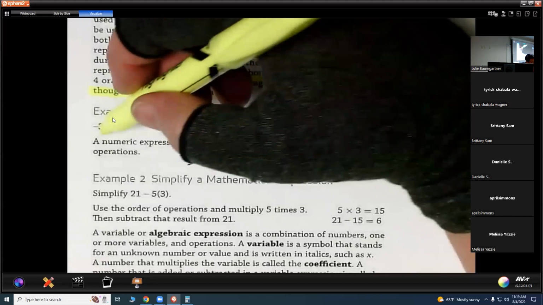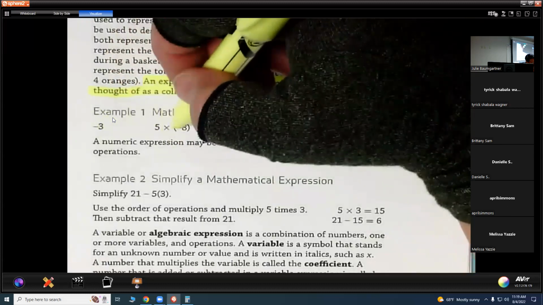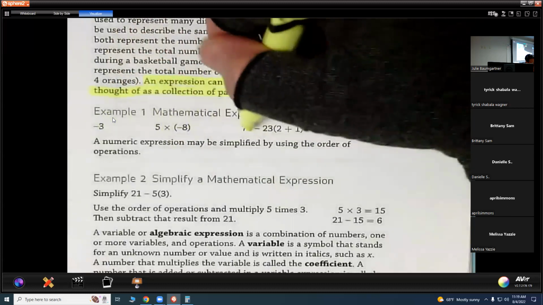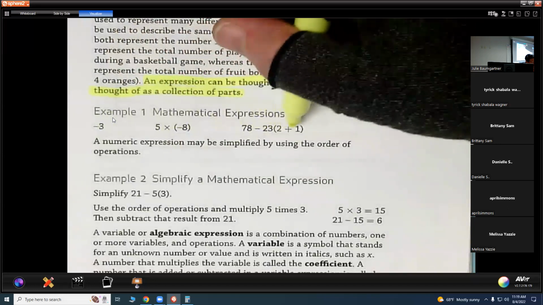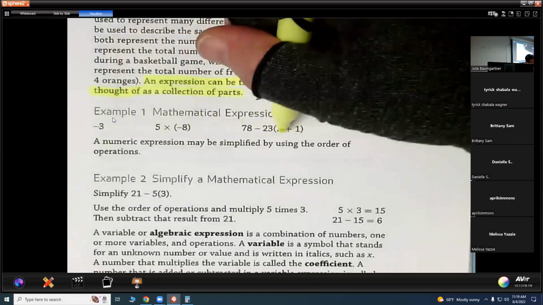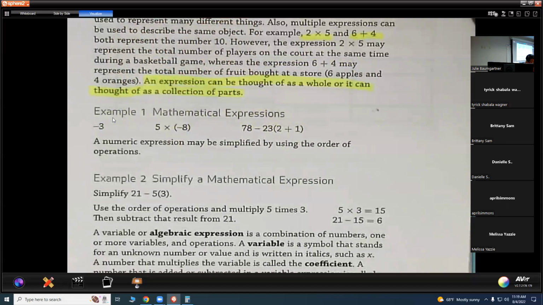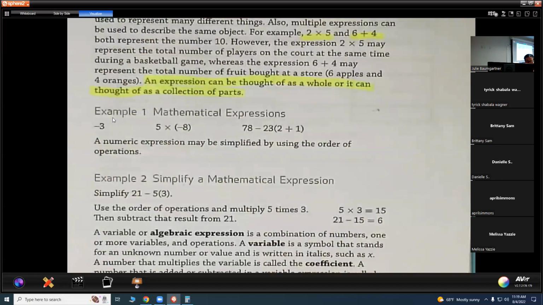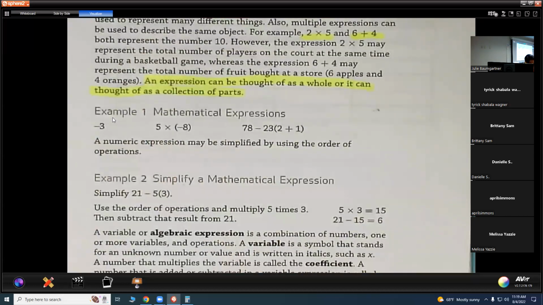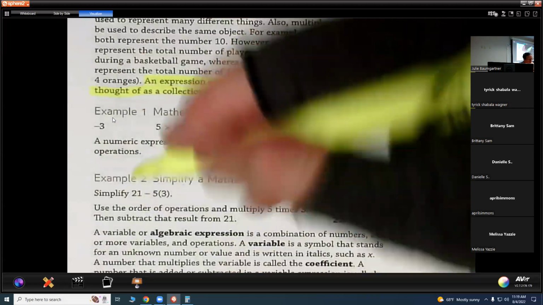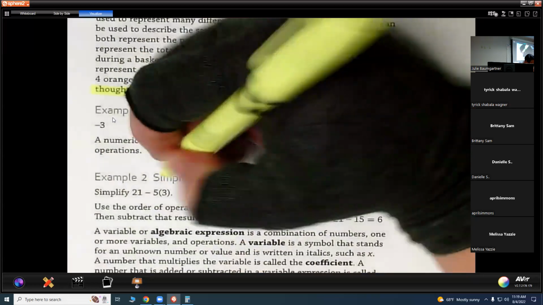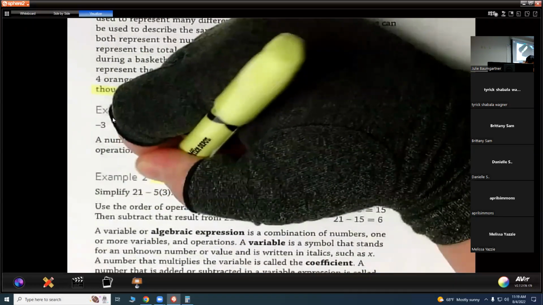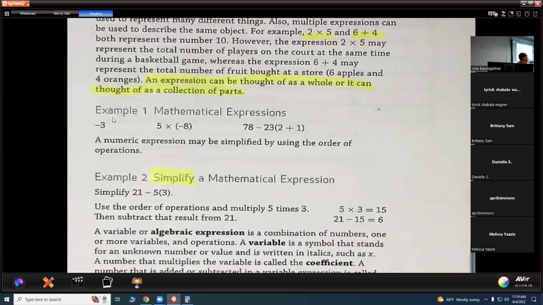So you have -3, 5 times -8, 78 minus 23 times the quantity 2 plus 1, okay? So everyone should know at least what to do if you see expressions like that, okay? And of course, what are we doing? We're simplifying. So we've done this, okay?